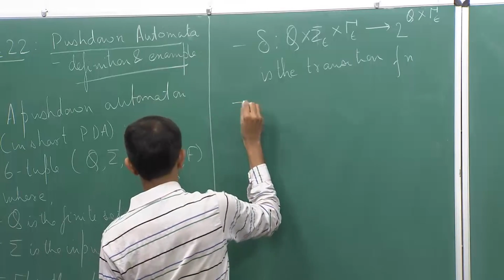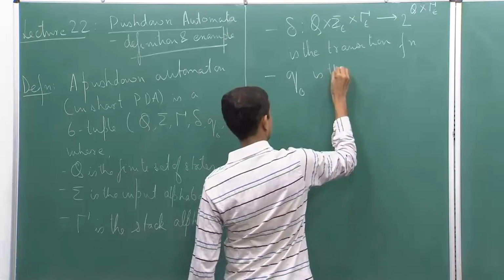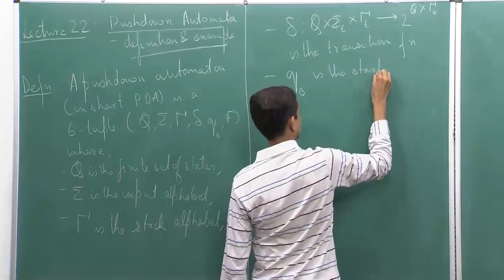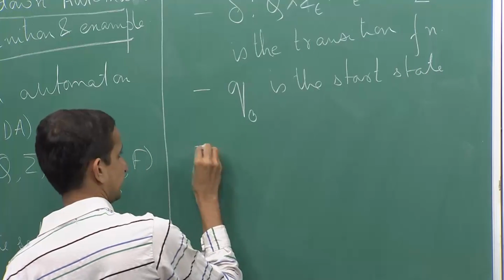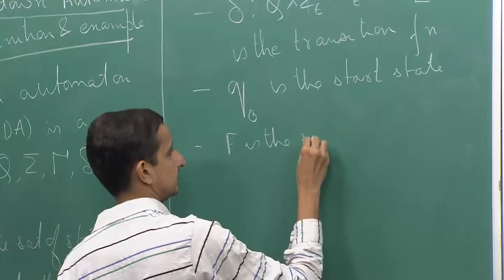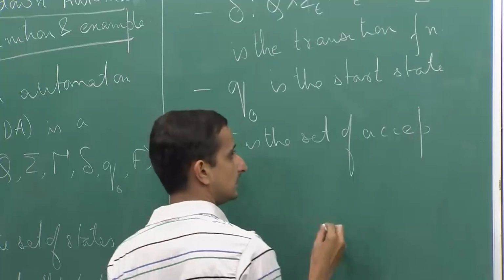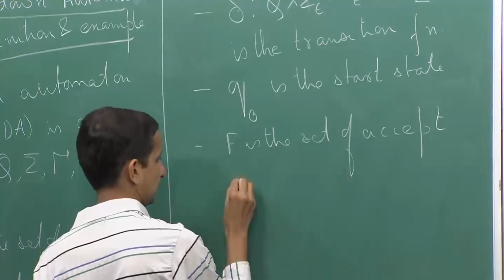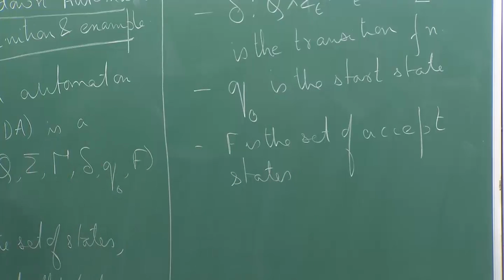Q naught is the start state and F is the set of accept states.